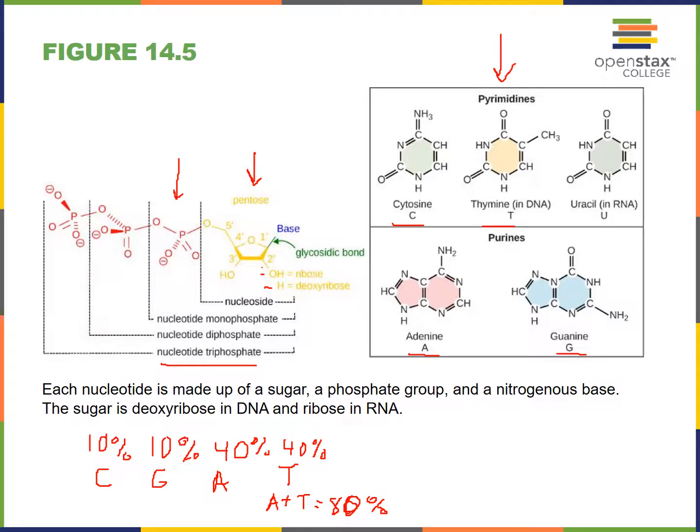But in DNA, once it's linked together, it's in this form, nucleotide monophosphate. But that means your phosphate groups, your pentose sugar, and your bases are all connected. They're all hooked together. They're rarely separated in the cell. All right, so that's all for that page.